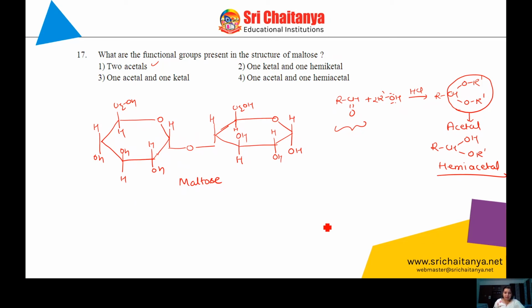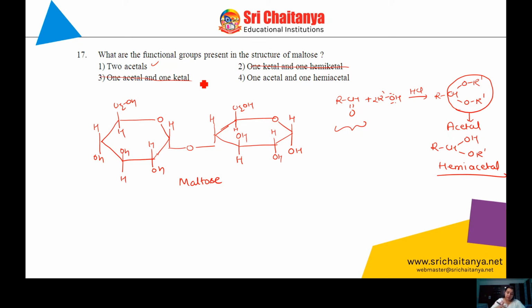But as maltose is formed from glucose, it is an aldose sugar. So here the term ketal is irrelevant. I cannot have the word ketal. Both are aldehydic monomers, that is the 2 alpha D glucose monomers are used for preparation of maltose. So I will expect that it will be either 2 acetals or acetal and hemiacetal.